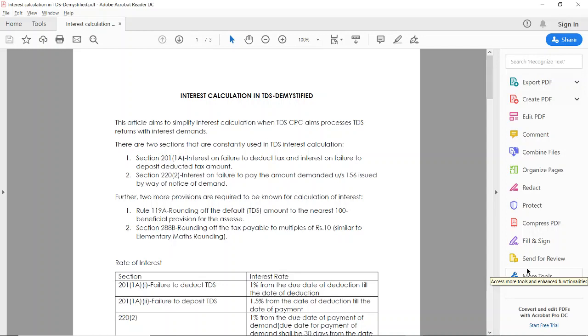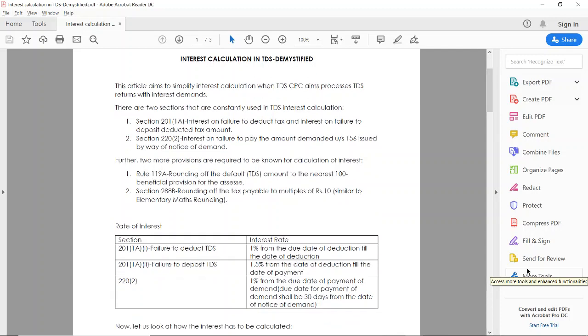They are 201(1A)(i), which is failure to deduct TDS; 201(1A)(ii), which is failure to deposit TDS which has been deducted; and section 220(2), which speaks about the failure to pay the demand of tax.